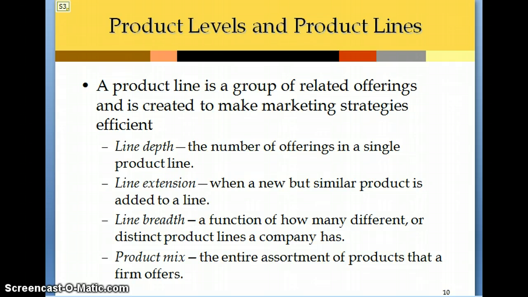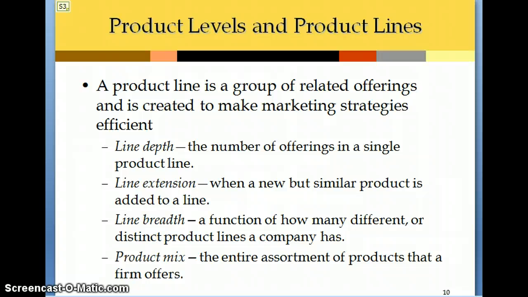Product lines are groups of related offerings with similar marketing strategies. Product lines can be comprised of many offerings or new offerings. How many offerings there are in a single product line is called line depth. So line depth is how many different or distinct product lines a company has.